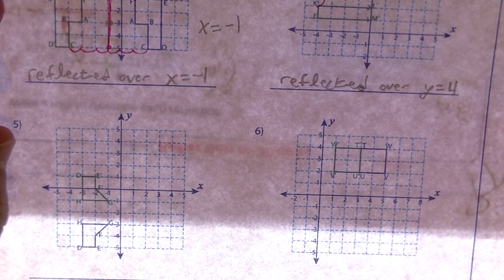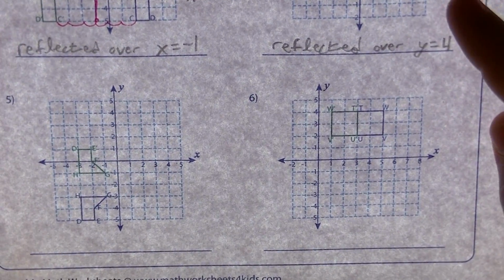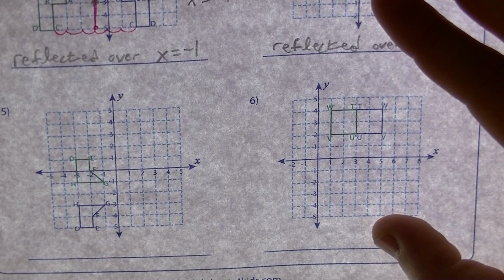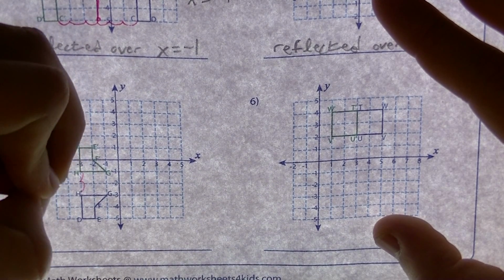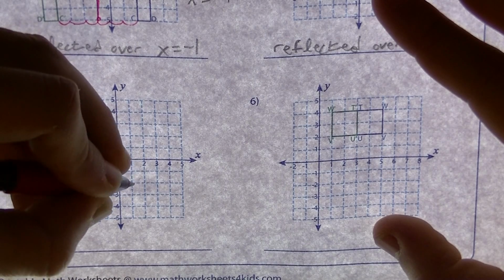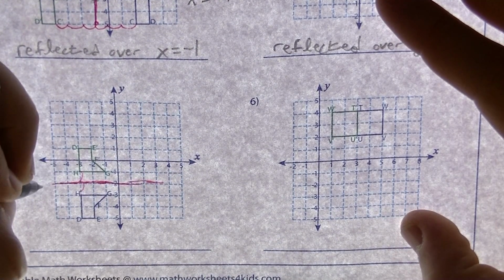And let's do these final 2 questions on this worksheet just to get it completely done. Here we go. All right. Here, it looks like I'm reflecting over this line, and this is the line y equals -2.